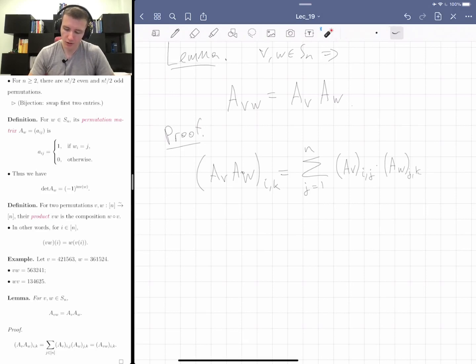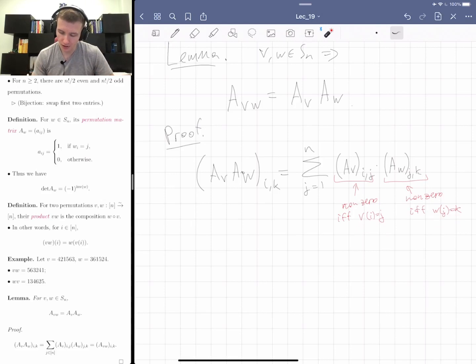In particular, this entry is going to be non-zero if and only if V of i is equal to j, and this is non-zero if and only if W of j is equal to k. So in other words, i goes to j, which then goes to k.